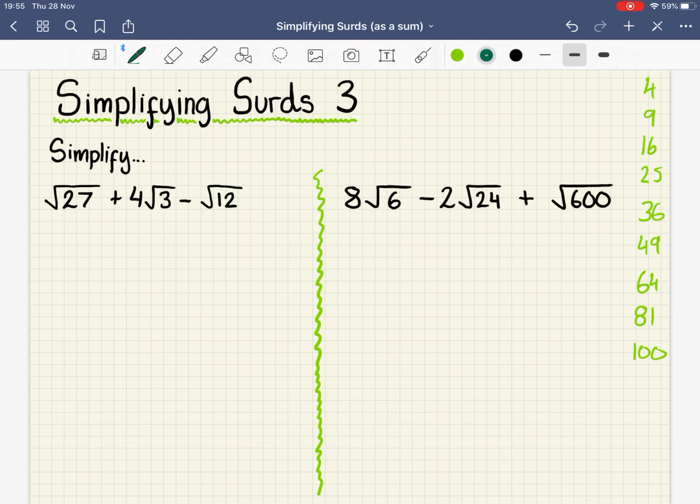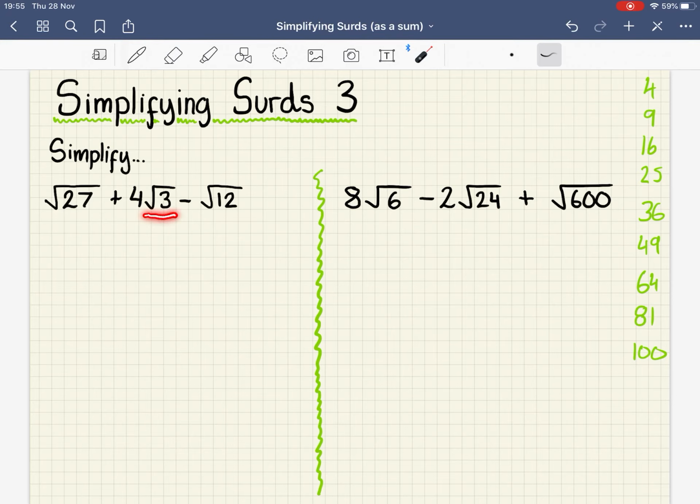So looking at our first one here, we've got simplify root 27 plus 4 root 3, take away root 12. Best way to do this is first look for the smallest surd. So here, that root 3 there is our smallest one.